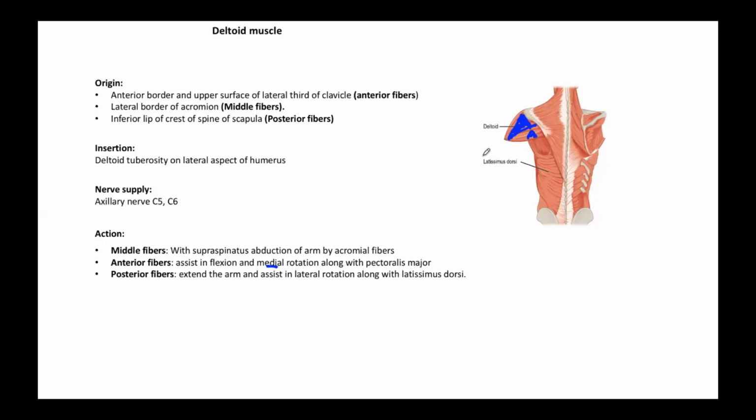Only checking power is not enough because it may be due to some other muscle. So lateral abduction for middle fibers, flexion for anterior fibers and extension for posterior fibers. So you can check all these fibers, but at least you should check middle fibers.